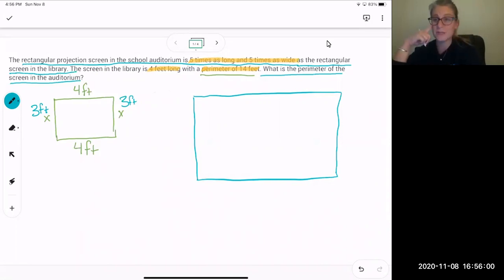So 5 times really just means times 5, right? So 4 times 5 is how long it's going to be, and 3 times 5 is how wide it's going to be.